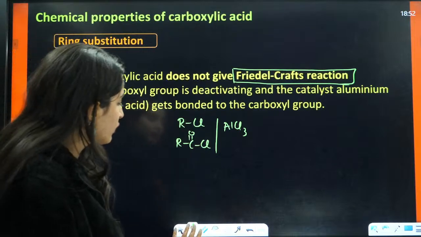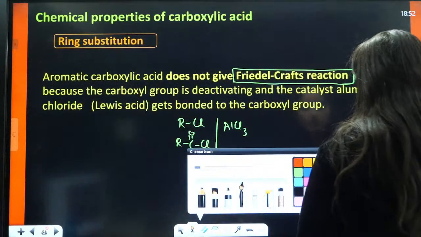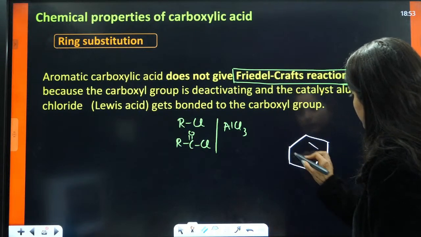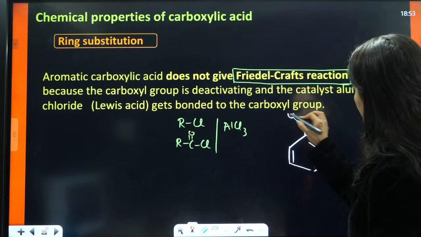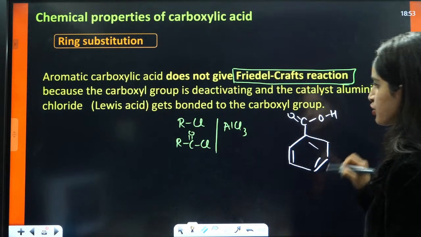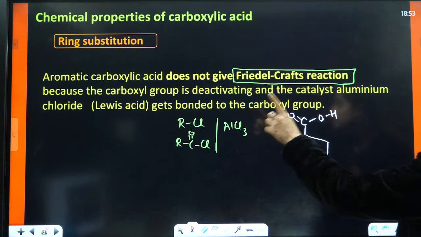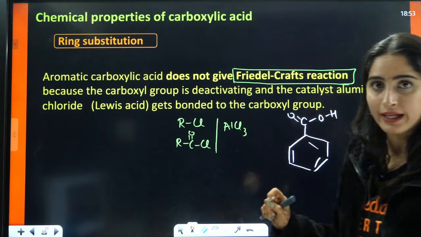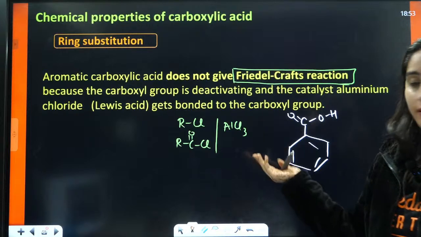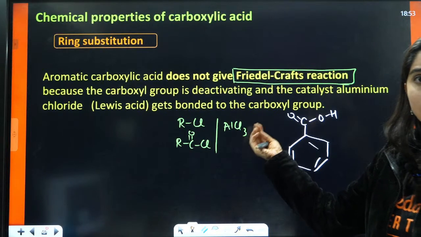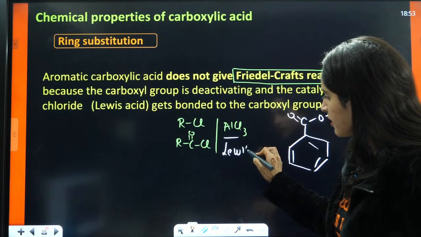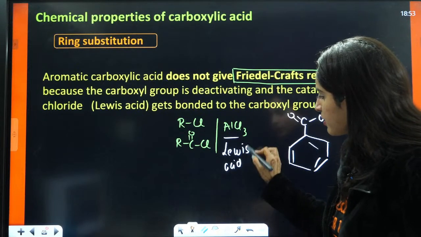Now why will they not show it? The reason is that this is your carboxylic group, C double bond O, OH. The carboxyl group is a deactivating group, and the catalyst, anhydrous aluminium chloride, is a Lewis acid.